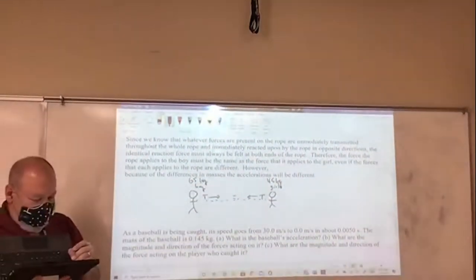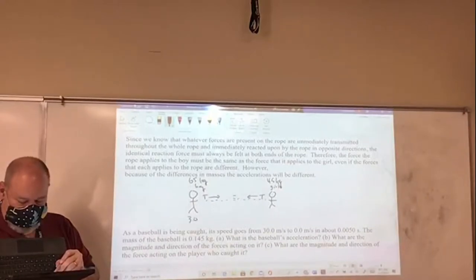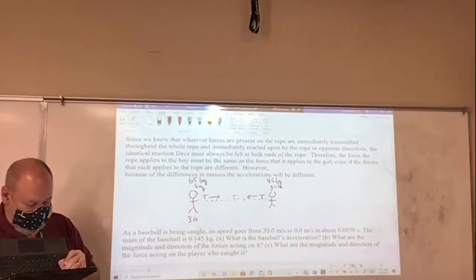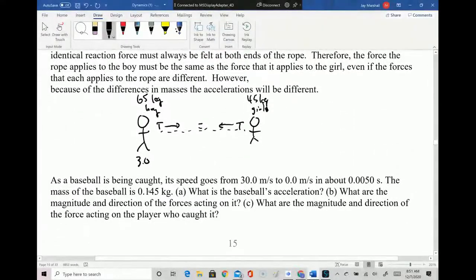Okay? So we've been told that this kid accelerates at 3.0 meters per second squared. Okay, and we want to know what the acceleration is here.